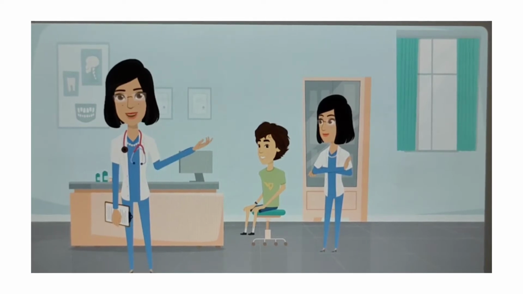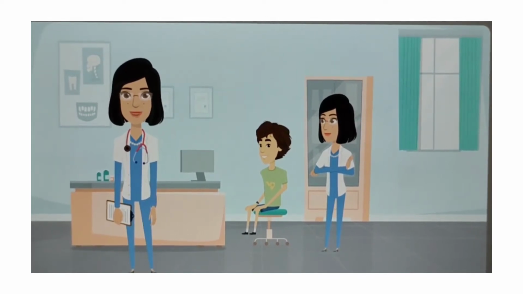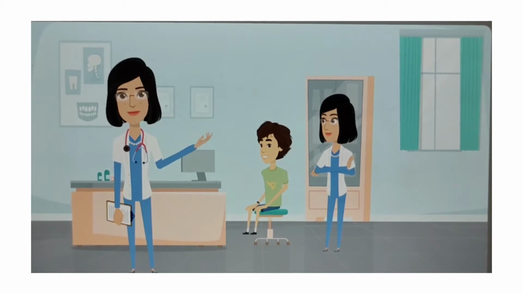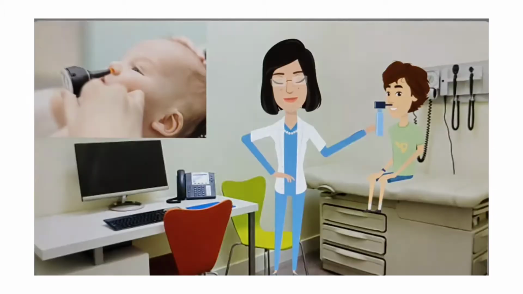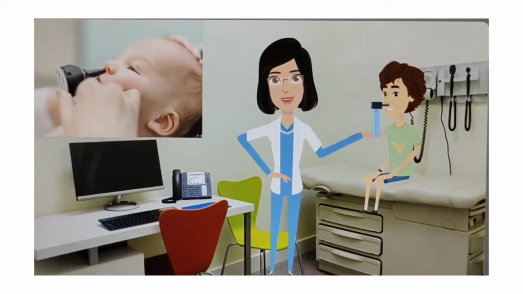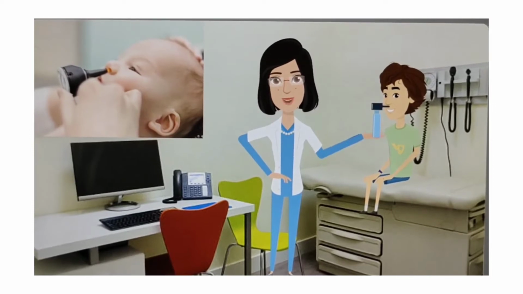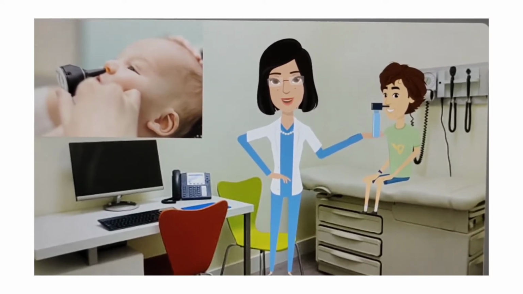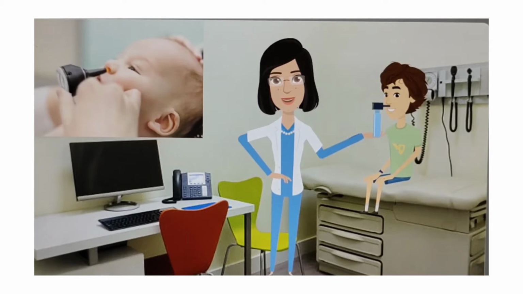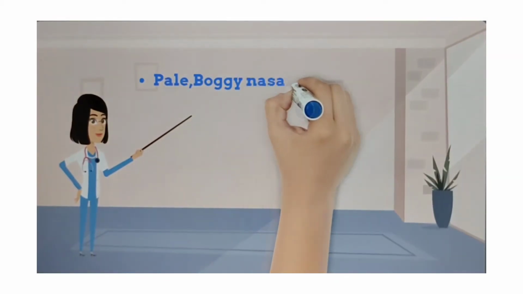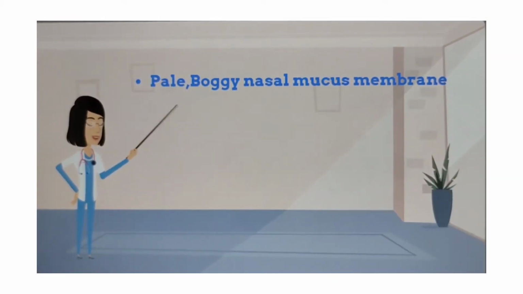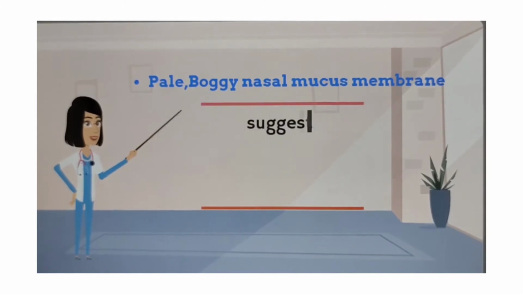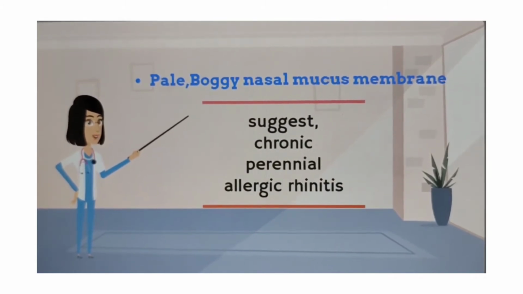If he or she repeats the same word, then good. Then test the other ear. Inspect the nose using a large speculum or an otoscope. Check for nasal deviation and polyps and note the color and condition of the nasal mucous membrane. Pale, boggy nasal mucous membranes are found in children with chronic perennial allergic rhinitis.